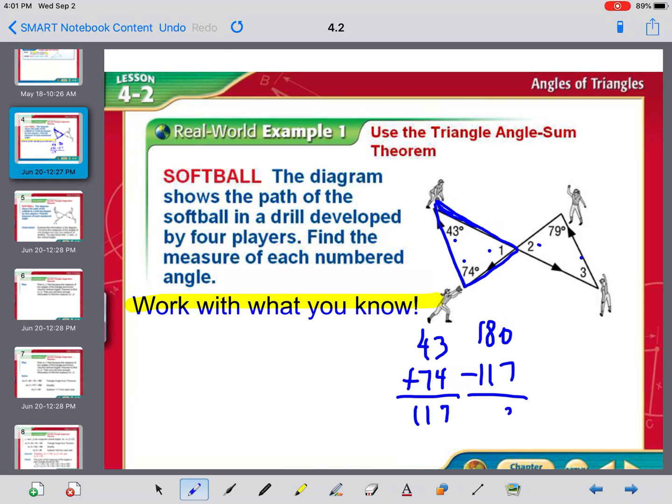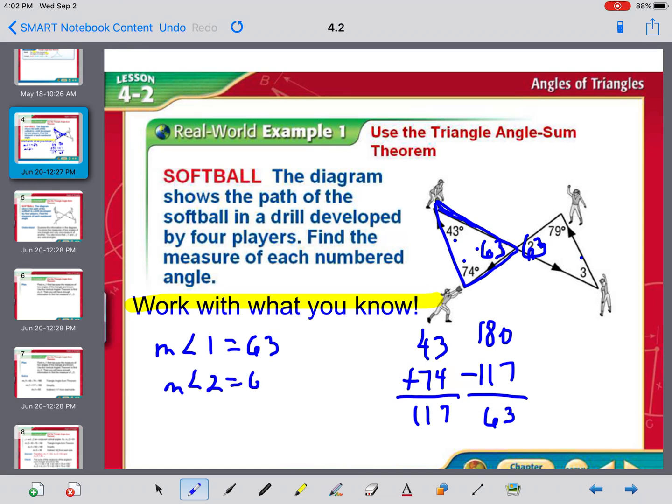So just to be clear on that, the 43 and the 74, when you add those together, is 117. Since it's 180 in all, how much is left? And you do a little subtraction, you find out that this is 63. The measure of angle 1 equals 63.